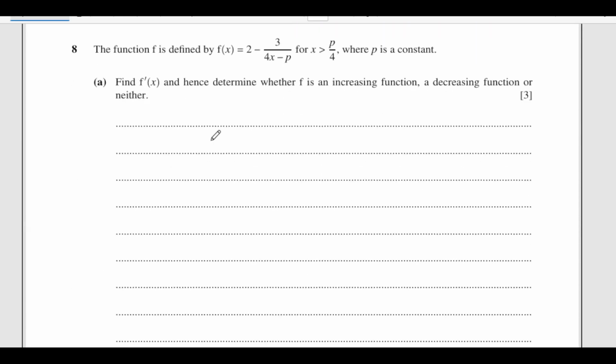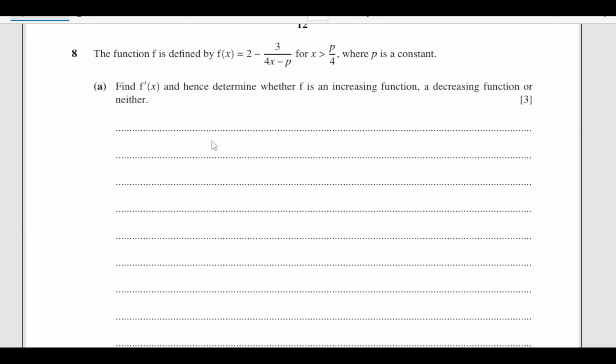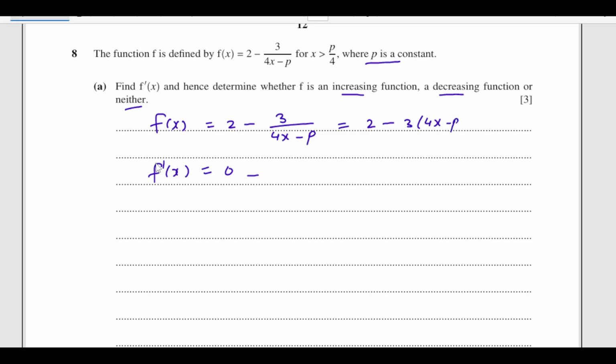Now question number 8. The function f is defined by f(x) equals to this for x greater than p by 4, where p is a constant. Find f dash x and hence determine whether it is increasing, decreasing or neither. So I will write down here f(x) is equal to 2 minus 3 over 4x minus p. So f dash x, meaning we are going to differentiate that. The derivative of 2 is 0, minus 3 into (4x minus p) power minus 1.